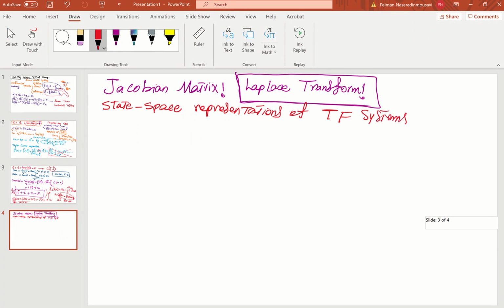These are the fundamentals that you have to know. Okay, we have 4 state space representations of a transfer function system.